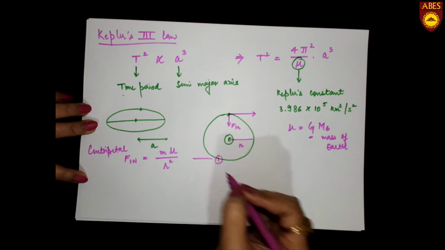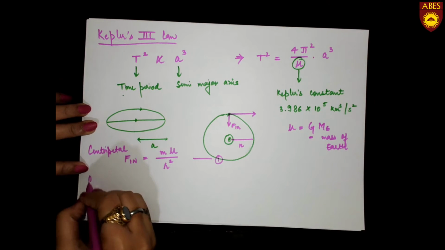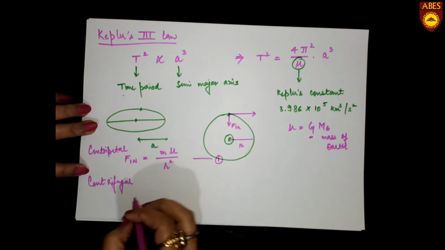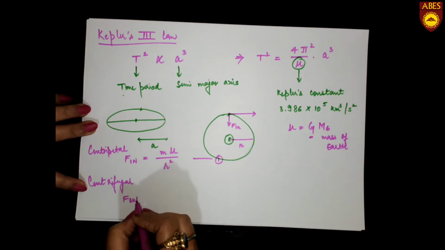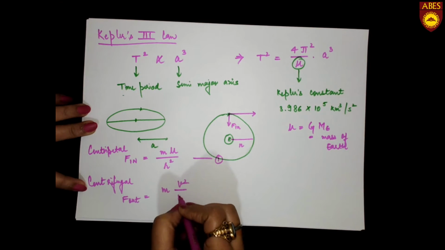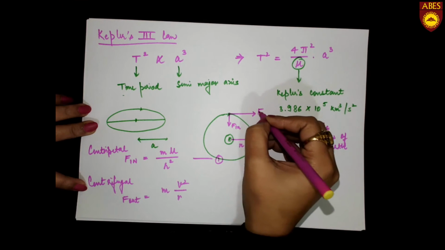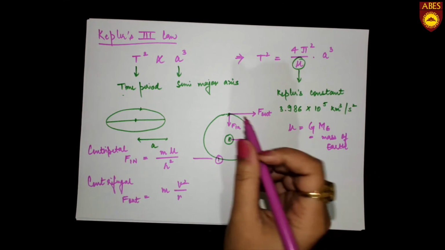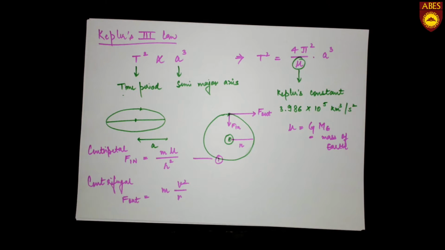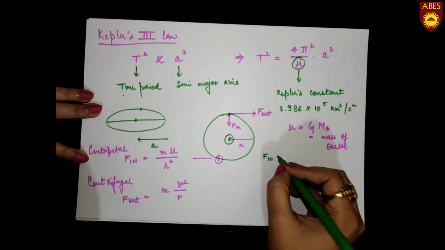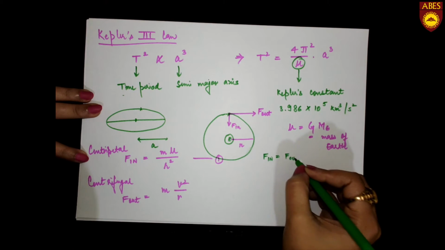let's give it a number 1. Talking about centrifugal force, which is F out, this gives you m v square upon r. This is due to the linear velocity which the satellite has. Now, if we want a satellite to be stable, to be constant, so for balance of forces, F in should be equal to F out.